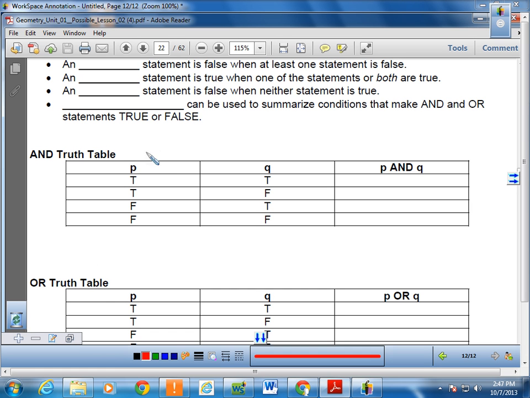For and statements, when P is true and Q is true, the and statement is true. When P is true and Q is false, the and statement is false. When P is false and Q is true, the and statement is false. When both are false, the and statement is false.